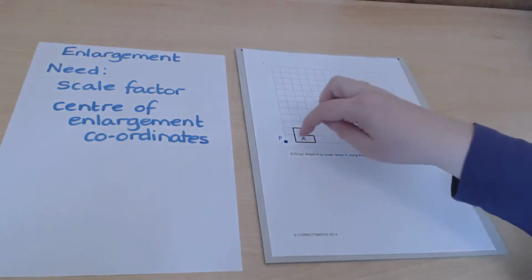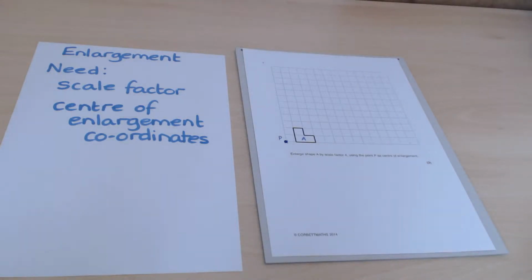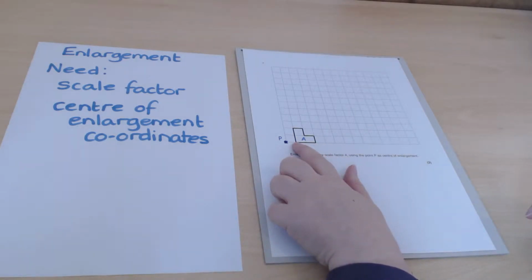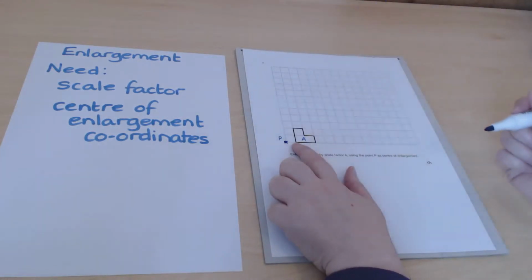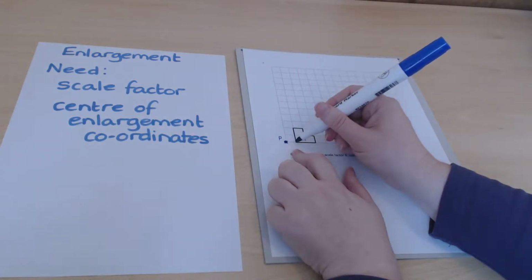So the easy bit is making the shape 4 times bigger, but we've also got to get it in the right position. So the way we do this as well is that these points, these corners, have to be 4 times as far away from the point as they are when they start. So this point here, for example, is only 1 away.